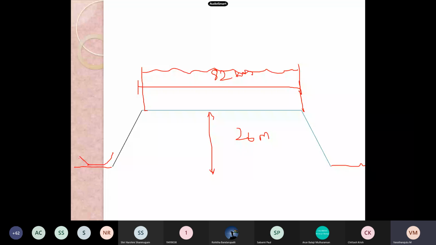What would be your idea to lift this ship from 0 to 26 meters? Have you heard about this?